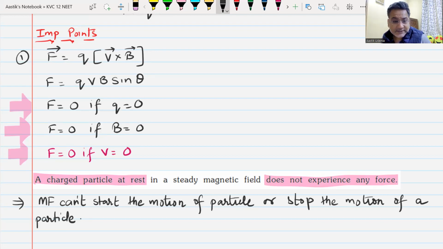Do we understand this? If a particle is at rest, it will remain at rest.